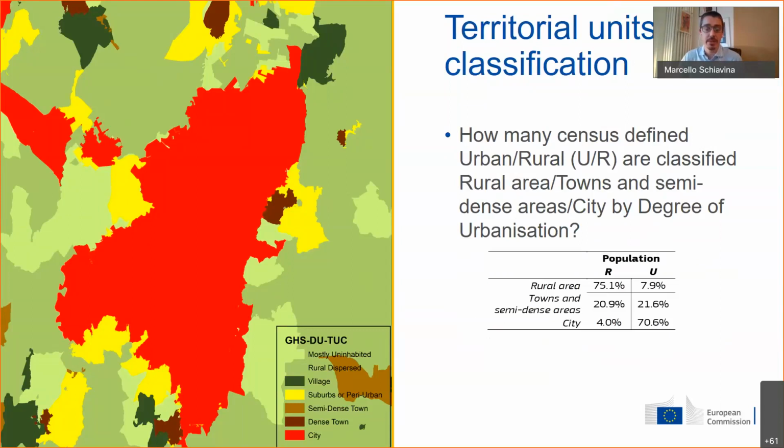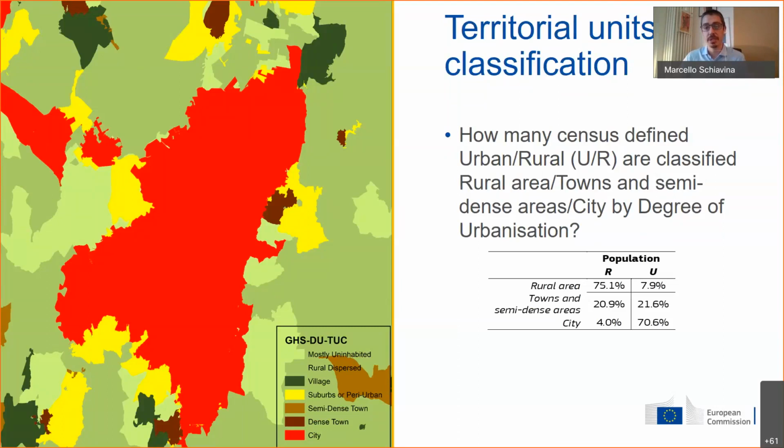We can see that we have a quite good match between the two, with 75% of the nationally defined rural population belonging to units that are classified rural, and about 71% of the population that was in units classified as urban, that are cities.